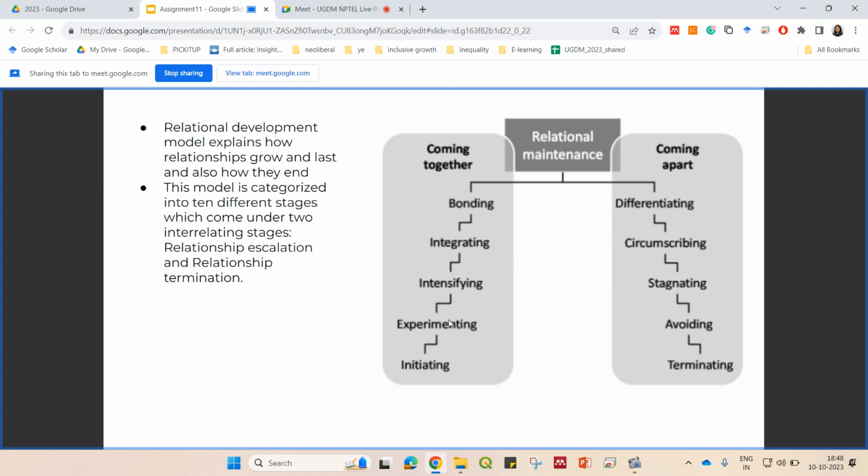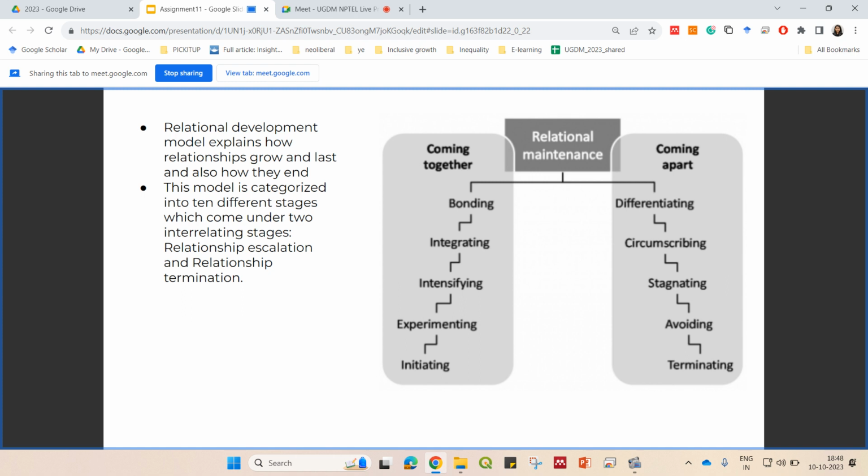Then you experiment. So you experiment with various things that the people in the relationship all have in common, or in terms of an organization, there will be some things which the organization would want to work towards.